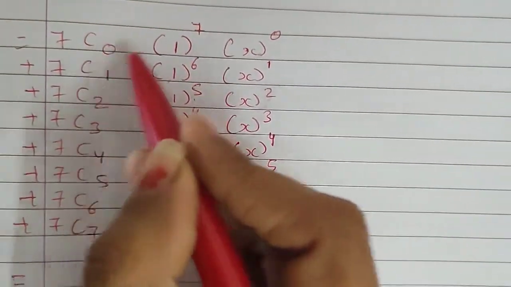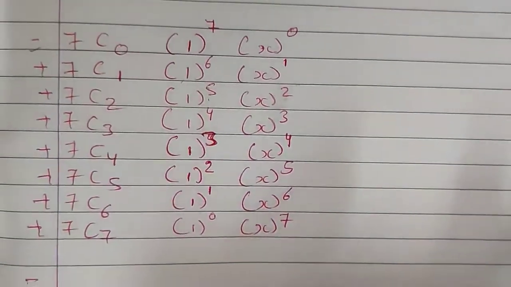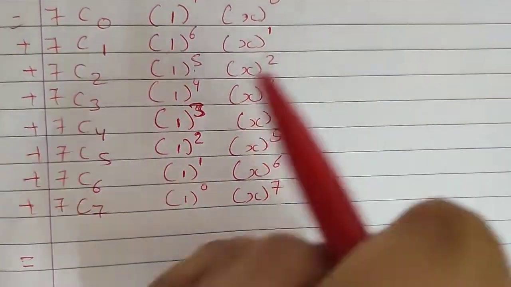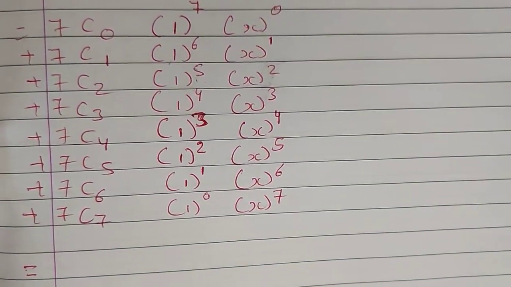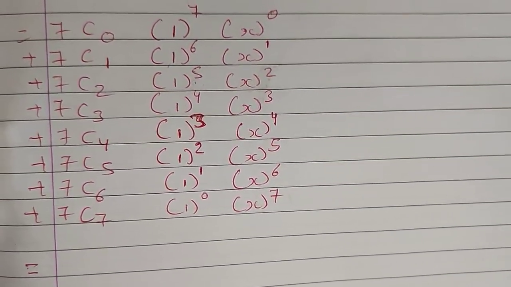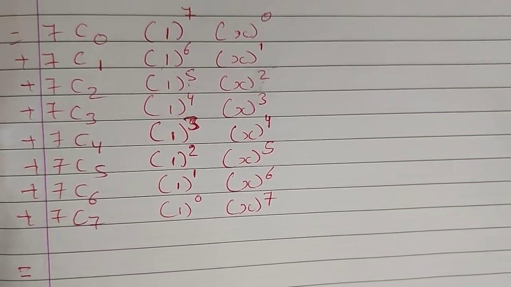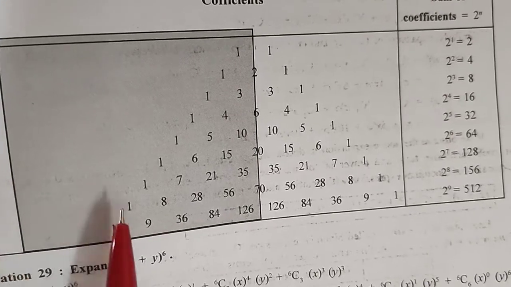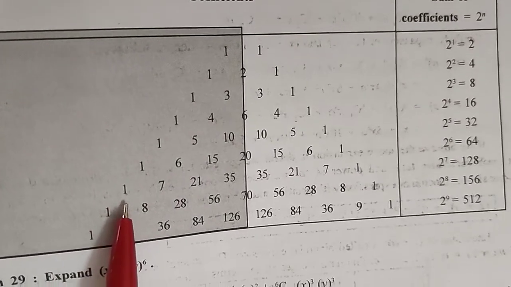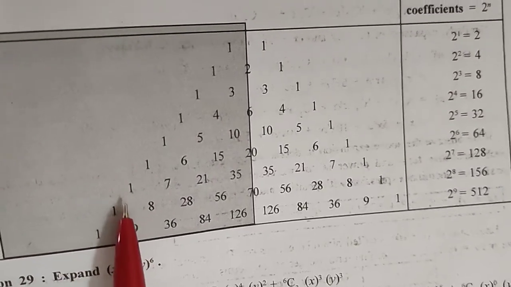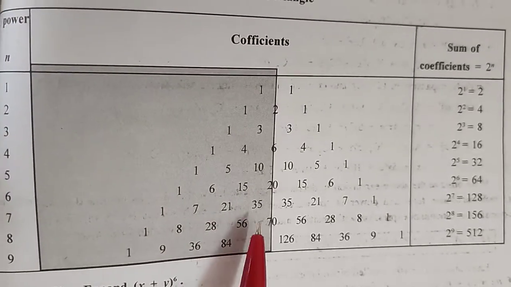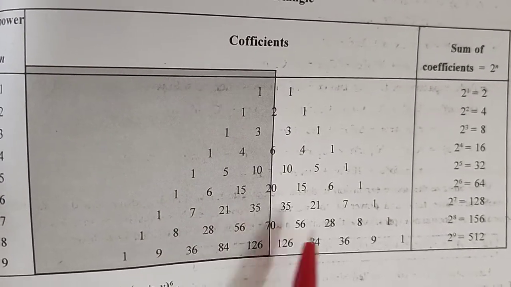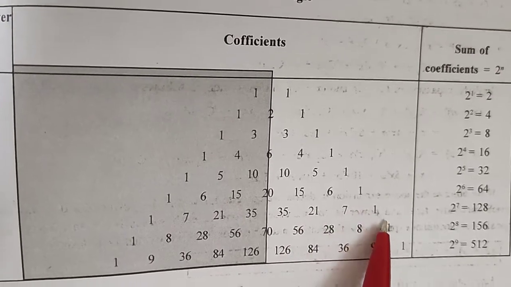Now these values you can find by using the combination formula, but it is easier if you remember Pascal's triangle, so directly you will get these values. See, now my n is 7, so what are the respective coefficient values? That is 1, 7, 21, 35, 35, 21, 7, 1.